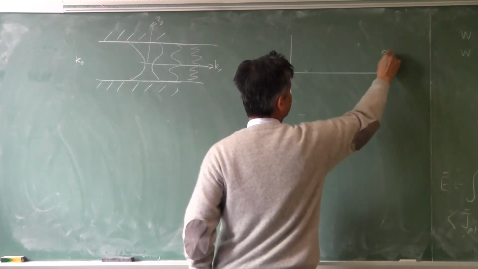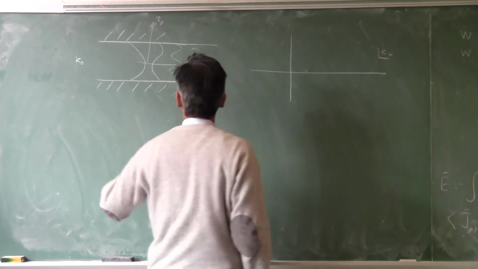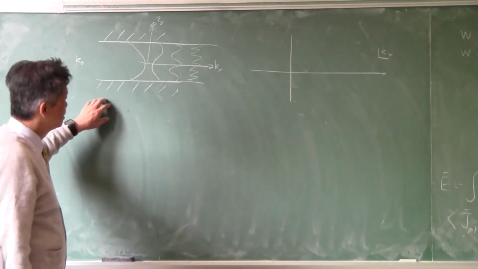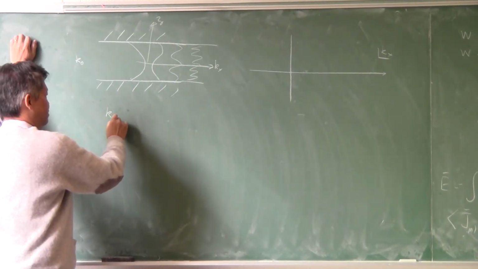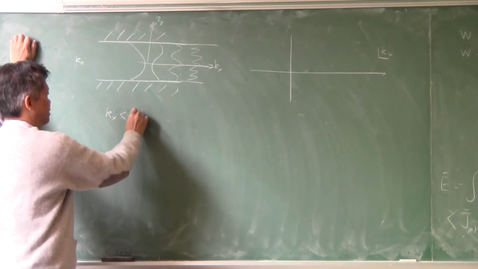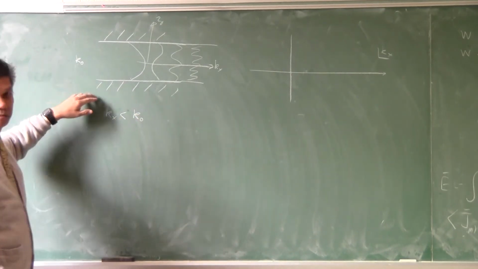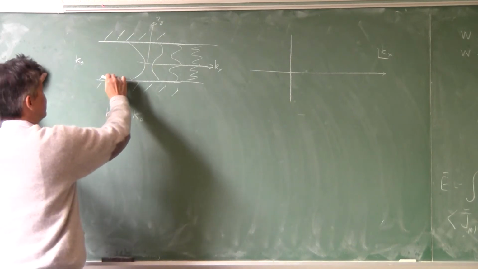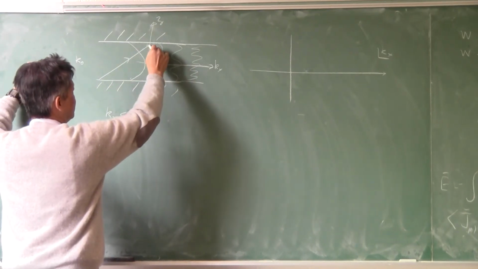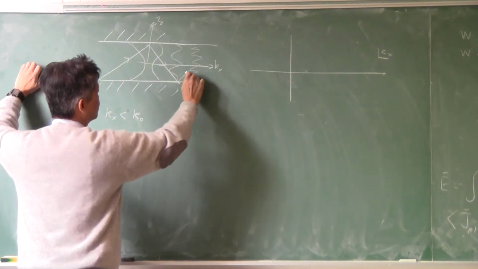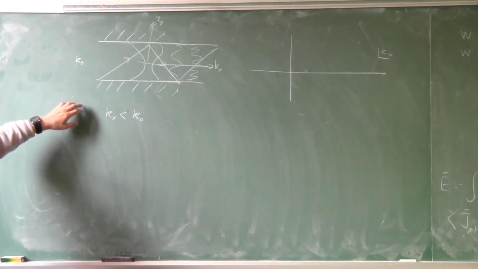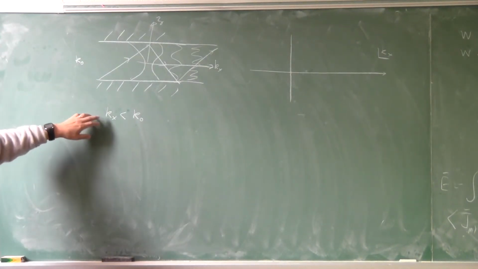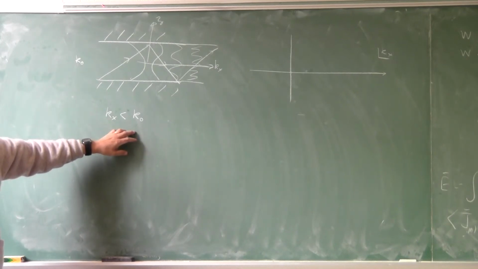So if you look at a complex Kx plane, the modes will usually have Kx less than K0. These modes are bouncing wave modes. You can think of this mode as coming about because the wave bounces around, so Kx must be less than K0.